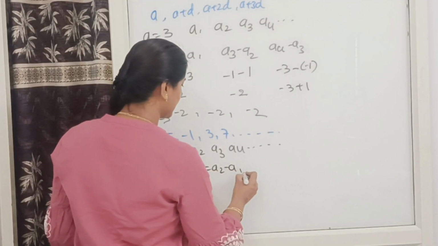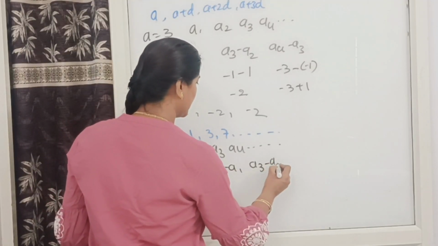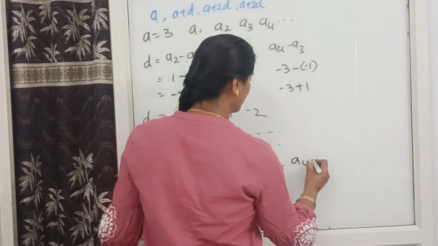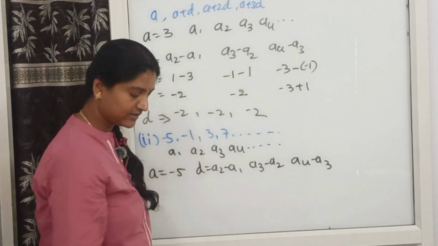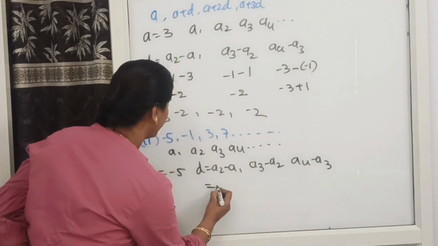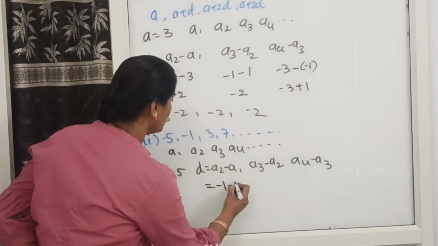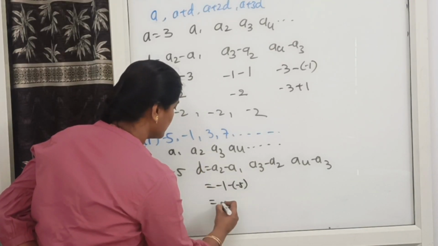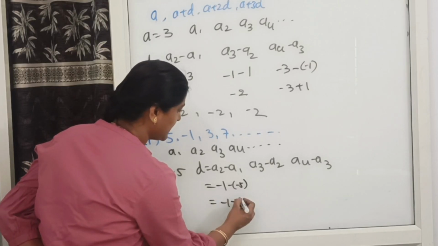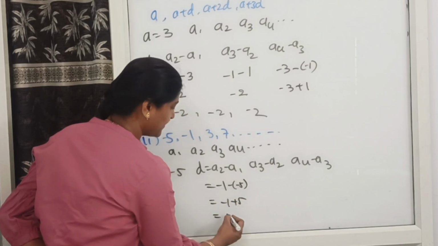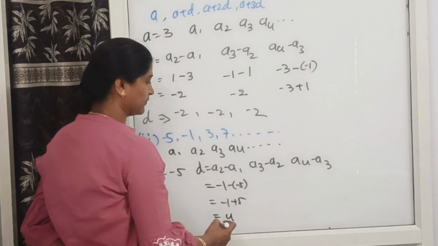Successive A2 minus A1, A3 minus A2 and A4 minus A3 we need to check. So what is A2? A2 is minus 1 minus of minus 5. So minus 1 minus into minus is plus 5, so plus 5 minus 1 is plus 4.